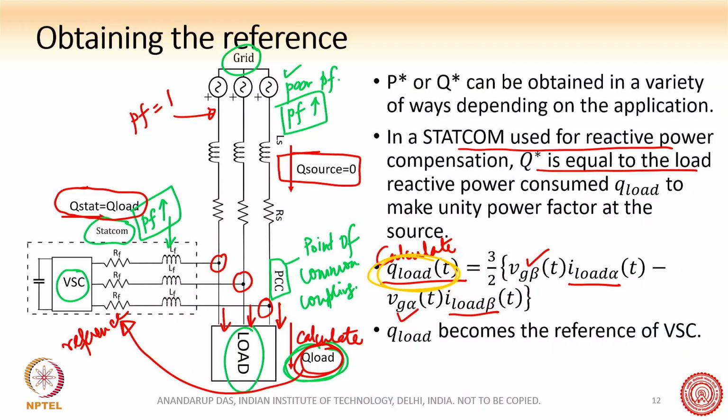Okay, this is the Q load here. So we know how much reactive power is flowing into the load. Now this Q load becomes the reference for the VSC. As I told you, this Q load is the reference because now I am asking the VSC to supply this Q load. If the VSC can perfectly do that, then the power factor will become unity from the grid point of view.